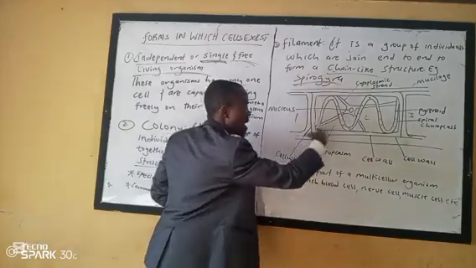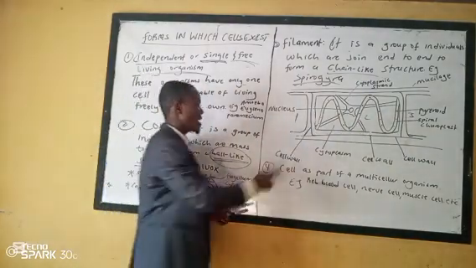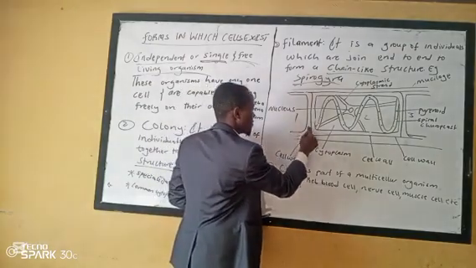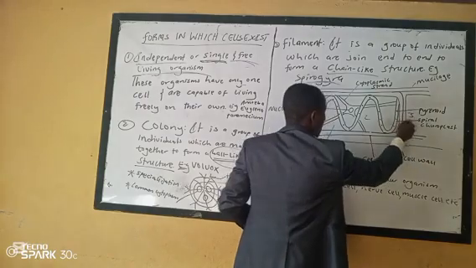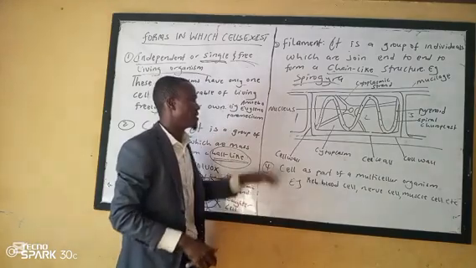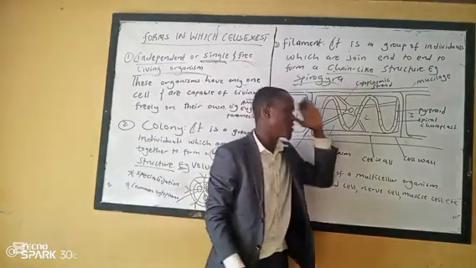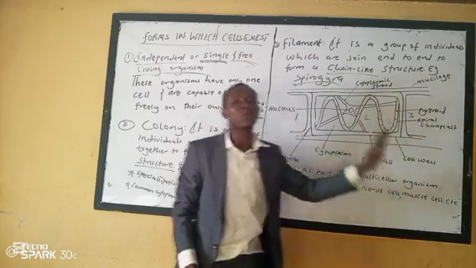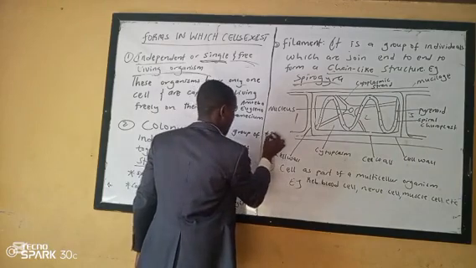Now in here, the cytoplasm is separated as we have cell wall separating this one from this one, and also we have cell wall separating filament 3 from 2. So we have cell wall separating filament 1 from 2, and we have cell wall separating filament 2 from 3. So in here they have what? Separate cytoplasm.